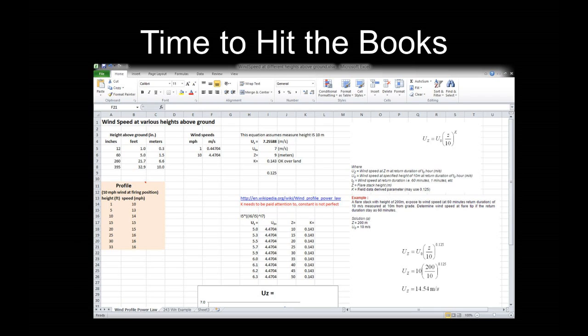And what you're seeing on the left side of the screen is how I've worked through this equation and calculated wind speed at different heights above ground. In that orangish area on the left side, I've used 5-foot increments or zones. Just bear in mind that 5 feet is equivalent to 60 inches and 10 feet is equivalent to 120 inches.